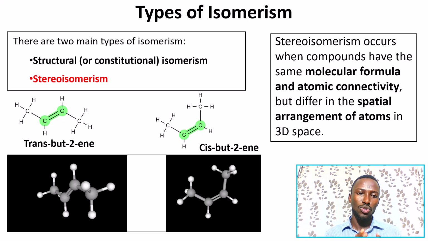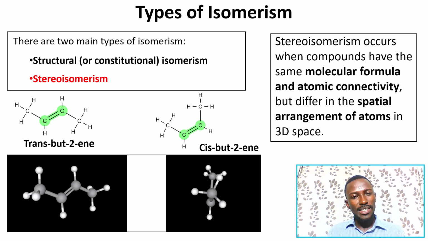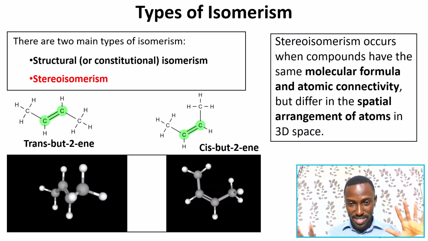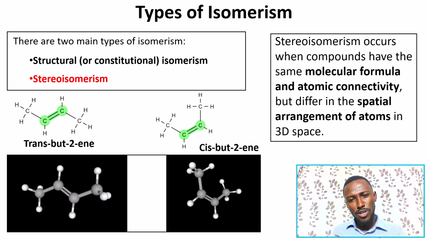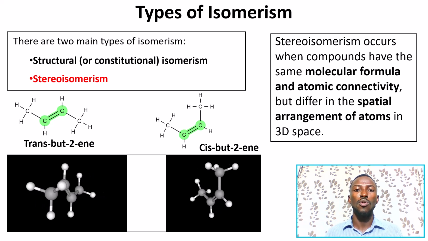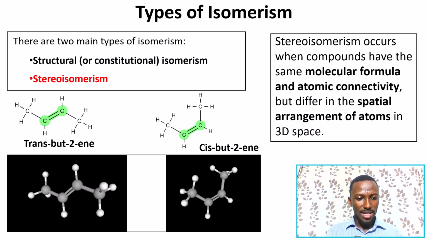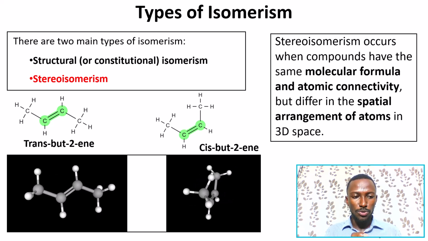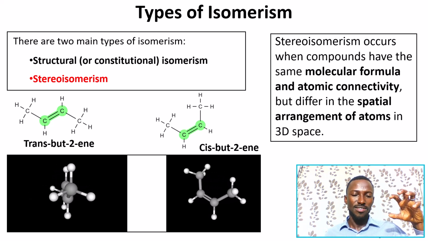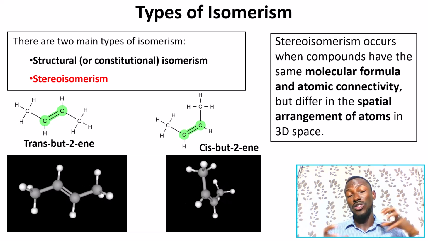We have trans-2-butene and cis-2-butene. I've given you the skeleton, the one at the top, flat, more like 2D. But to make it easy for you to understand, I've given you some 3D rotating models of each of the compounds. So let's analyze the first one, trans-2-butene. Look at the double bond between the two carbons. Now, you will see that there is a CH3 or carbon bonded to 3 hydrogens at opposite sides of the double bond.